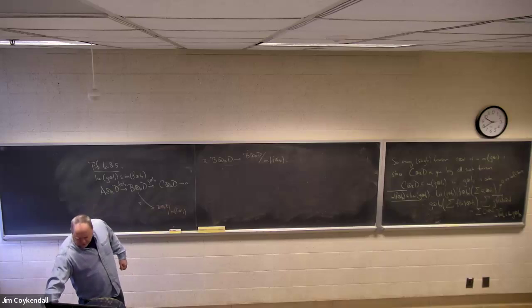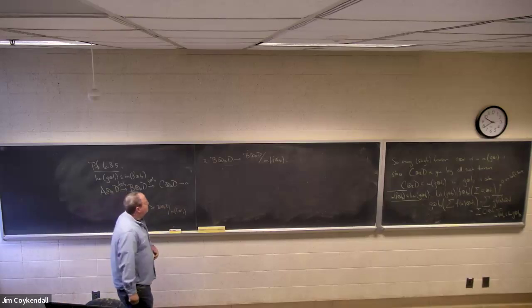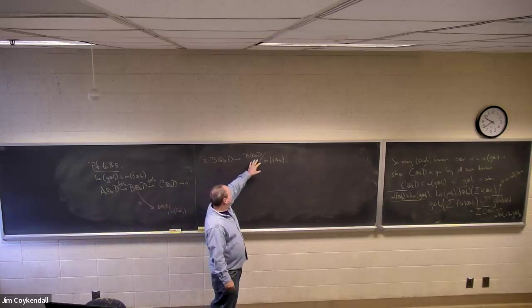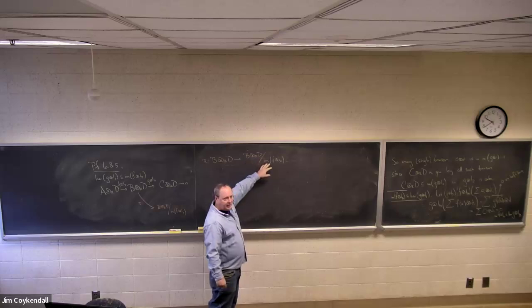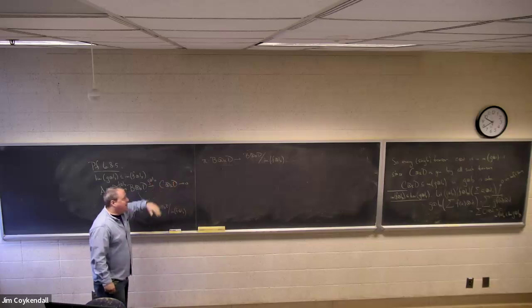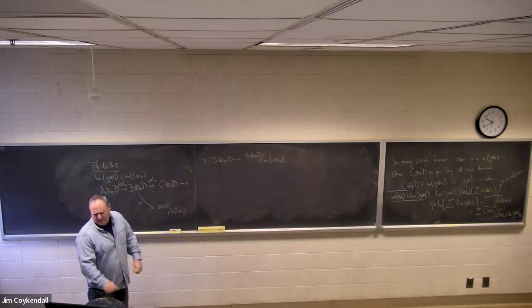This is just the projection that you would think of. It takes any element here to that element plus the coset, plus the image of F tensor 1D.